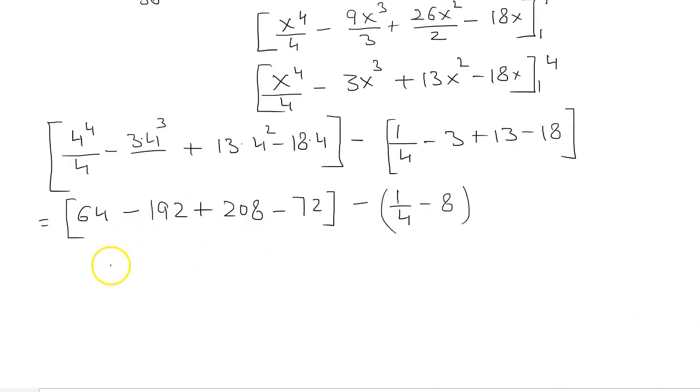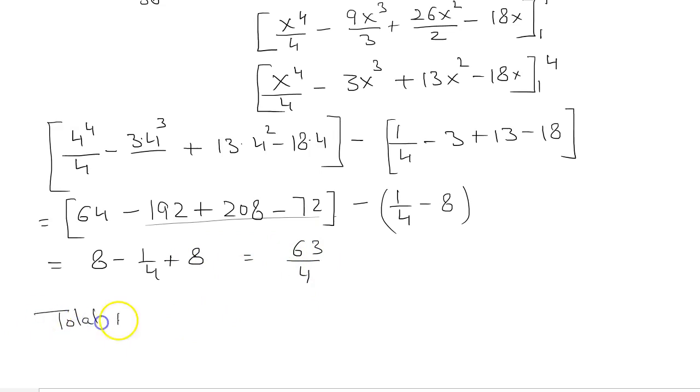So this is 8 minus 1 over 4 plus 8, so that is 63 over 4.